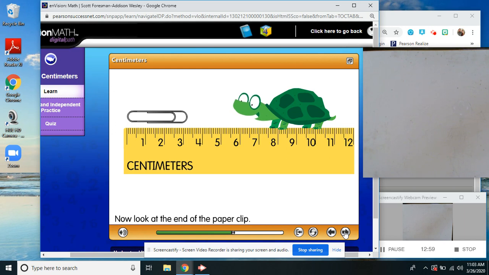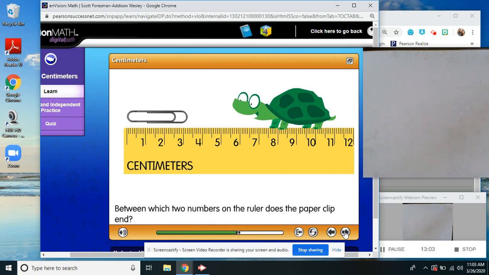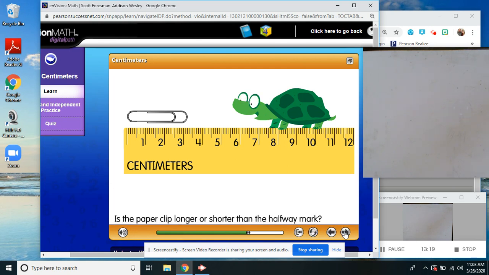Now look at the end of the paperclip. Between which two numbers on the ruler does the paperclip end? The paperclip ends between the 3 and 4 centimeter marks on the ruler. Is the paperclip longer or shorter than the halfway mark?